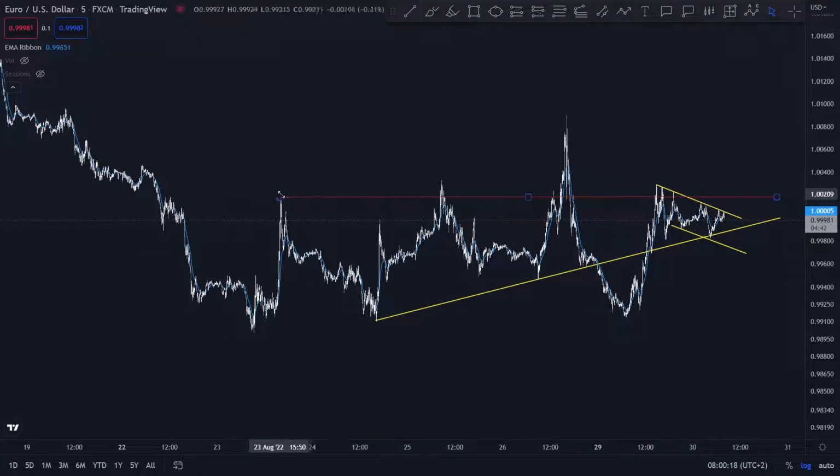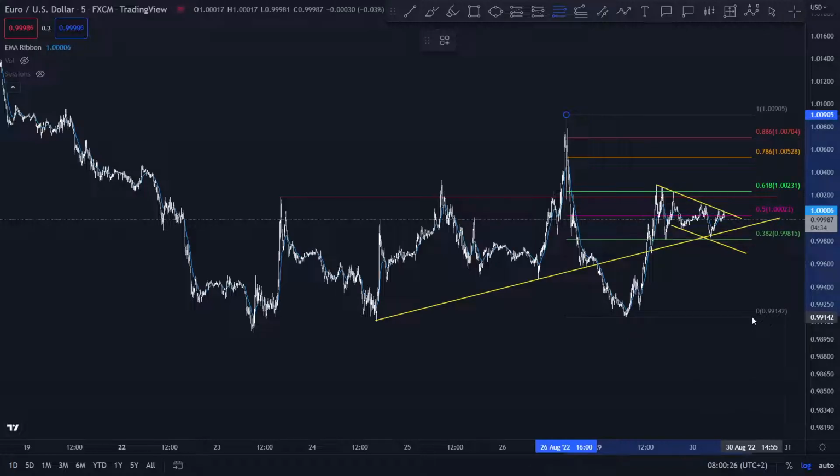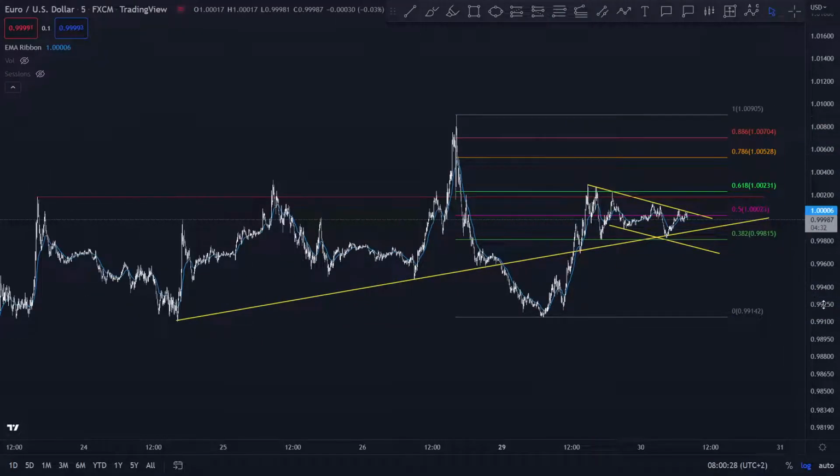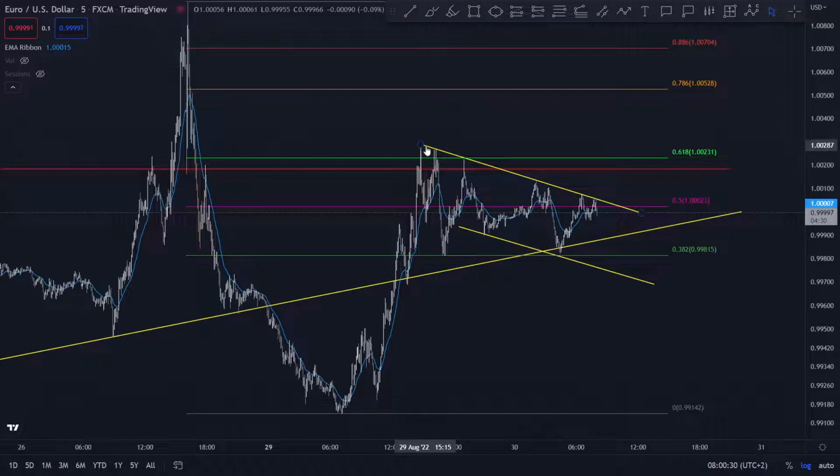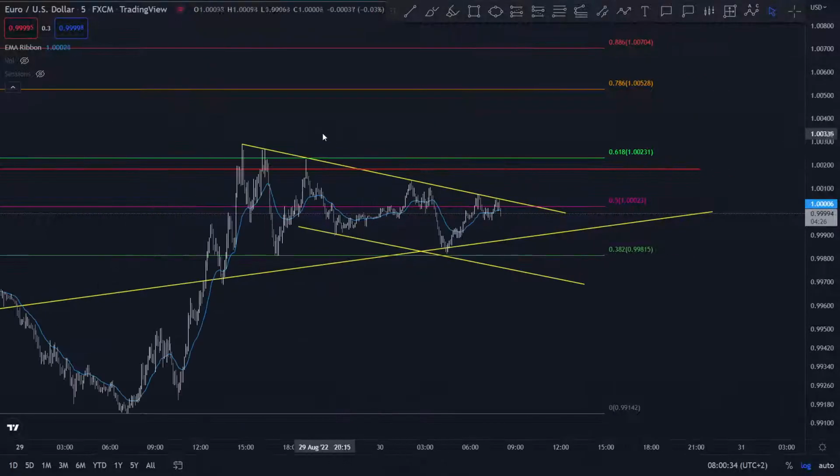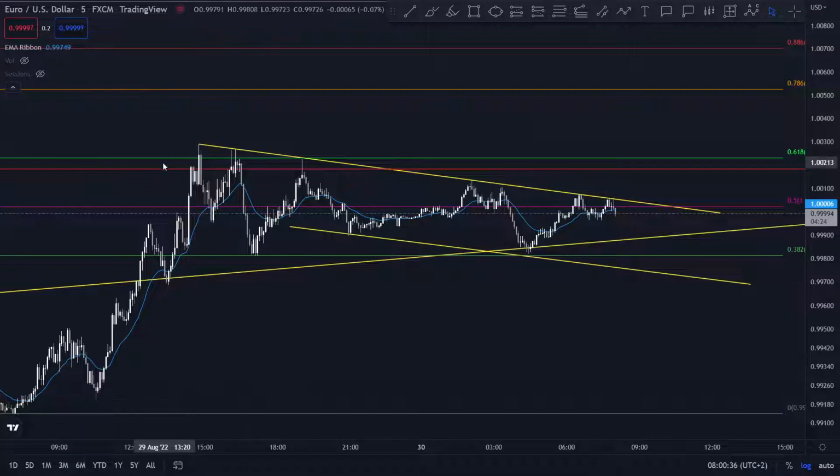If this is the resistance level I wanted to short, let's say the market came above the resistance level and reached the Fib, even came just a little bit above the Fibonacci.